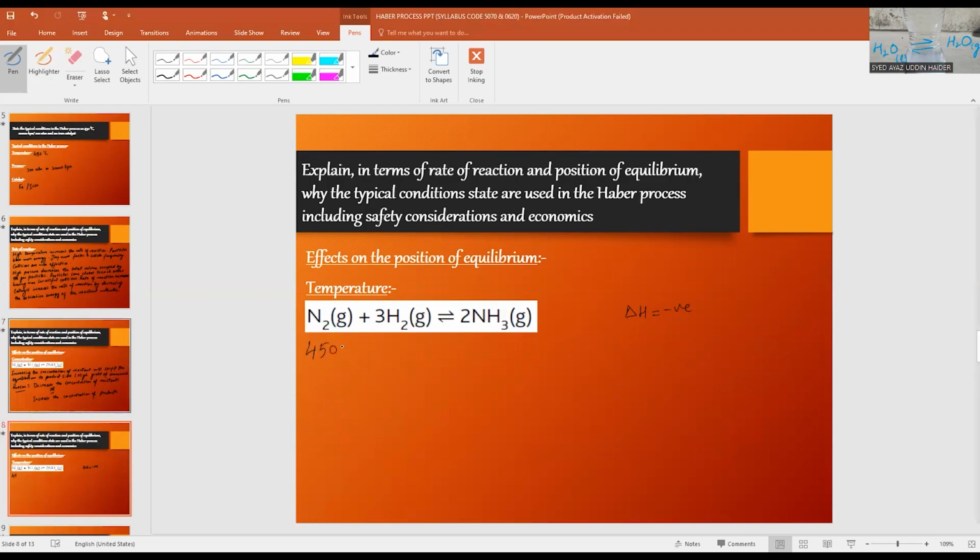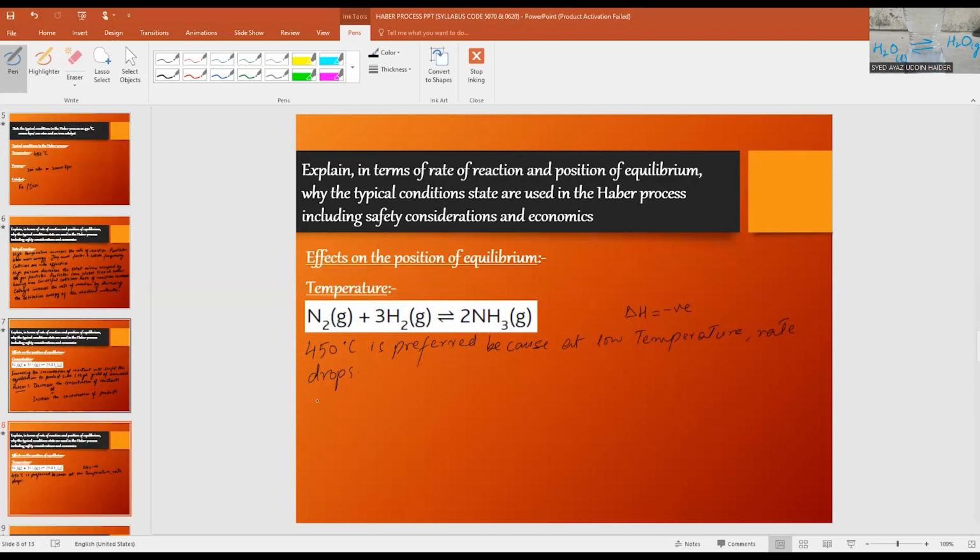450 degrees centigrade is preferred because at low temperature, rate drops. But we can write low temperature will shift the equilibrium to the right hand or product side.